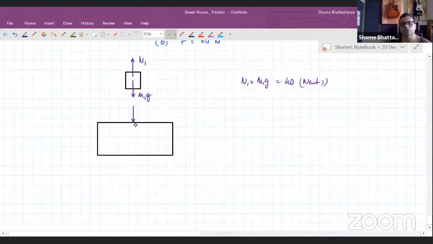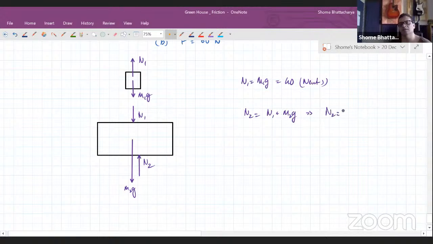There is this N1 acting downwards on it. There is its own weight. Okay. And there is N2. So this normal reaction is balancing the sum of N1 plus M2G. So this normal reaction is becoming 40 plus 110. So this normal reaction is 150 newtons. Okay.